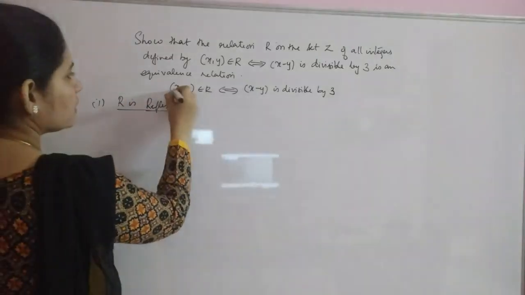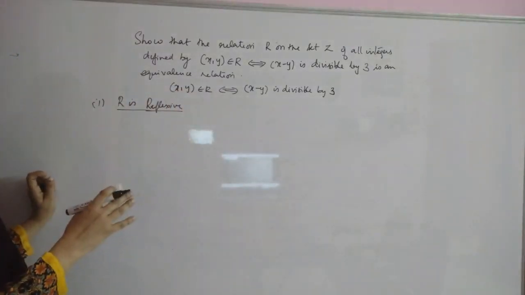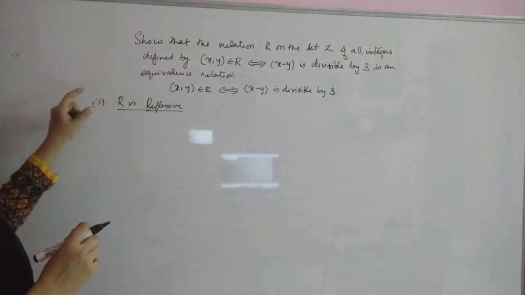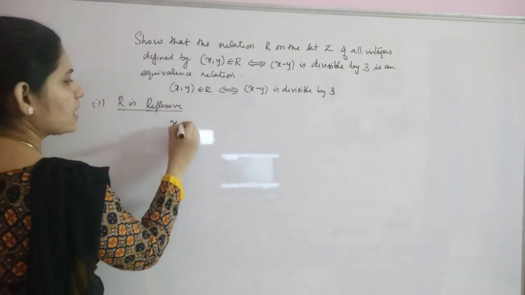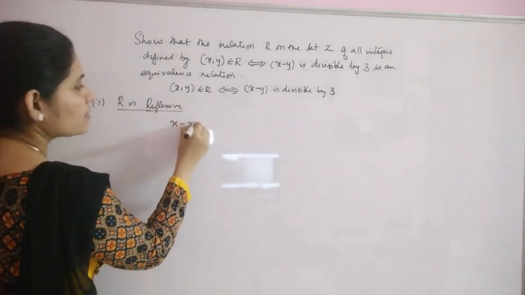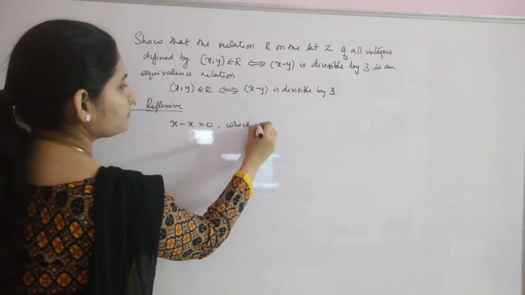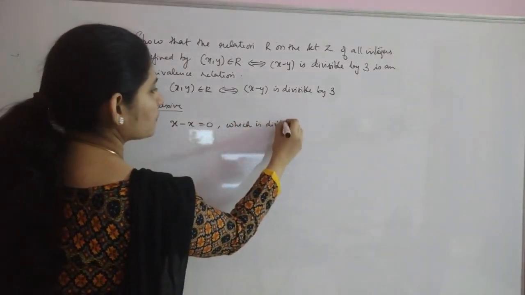For that we need to show xx belongs to R for all x belongs to the set of integers. We know that xy belongs to R when x minus y is divisible by 3. Now x minus x will give you 0, which is divisible by 3.